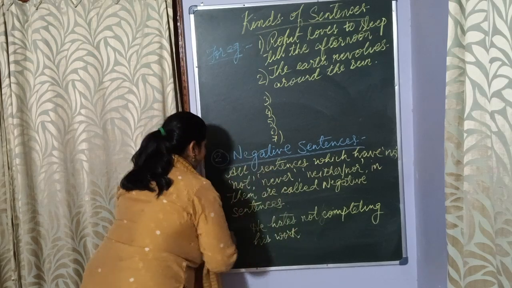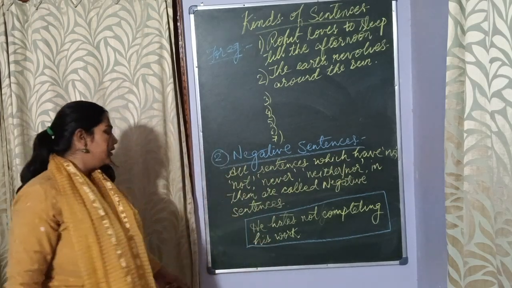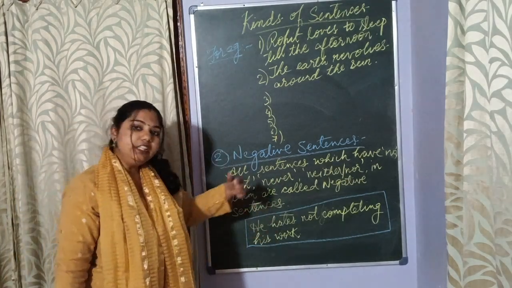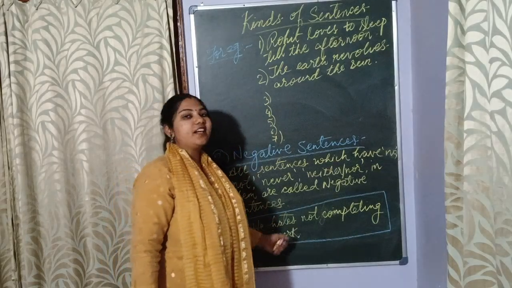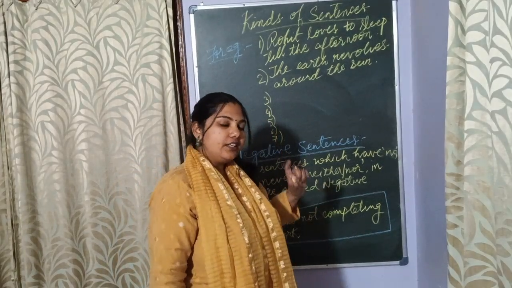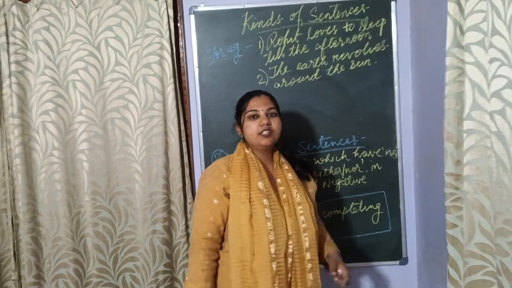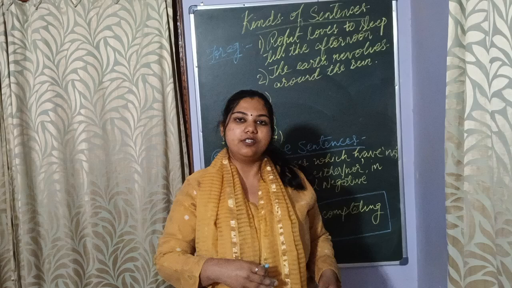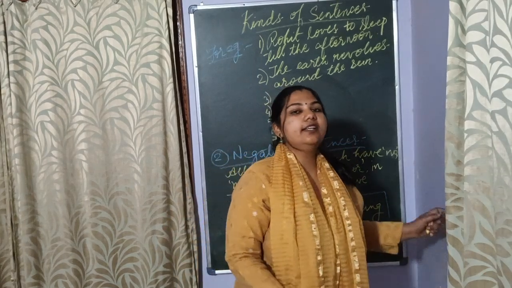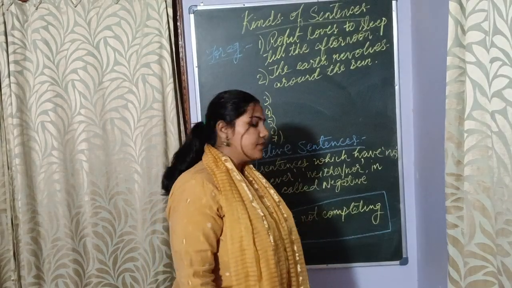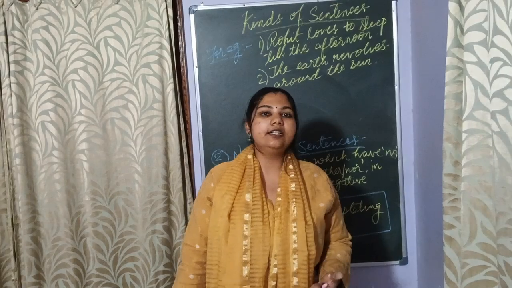I would like to draw your attention to a sentence like this. If you go by the meaning of the sentence, he hates not completing his work, it actually carries a positive meaning, that if this person by chance has to leave his work incomplete because of any circumstance, he hates it, right? So this person is a punctual, hardworking person who hates to leave his work incomplete.